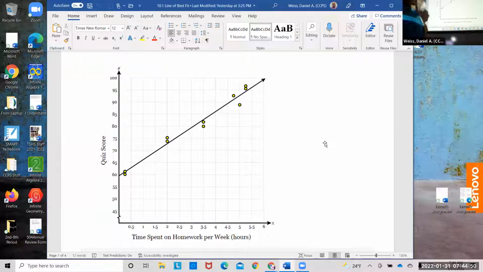People who studied, say, 5 hours got in the 90s. People who studied 4 hours got somewhere in the 80s. People who studied 3 hours got somewhere in the upper 70s. 2 hours got in the lower 70s.